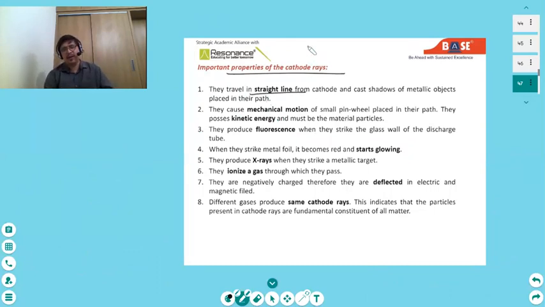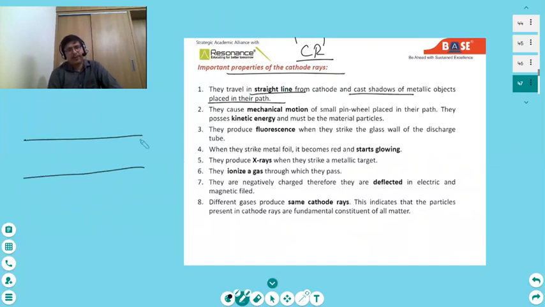They means cathode ray. From here onwards, we will represent cathode ray as CR, not class representative. So they travel in a straight line from cathode towards anode and cast the shadow of a metallic object placed in their path. For example, suppose this is your cathode ray or discharge tube and you put a cross in it, like the cross our Christian brothers and sisters wear.